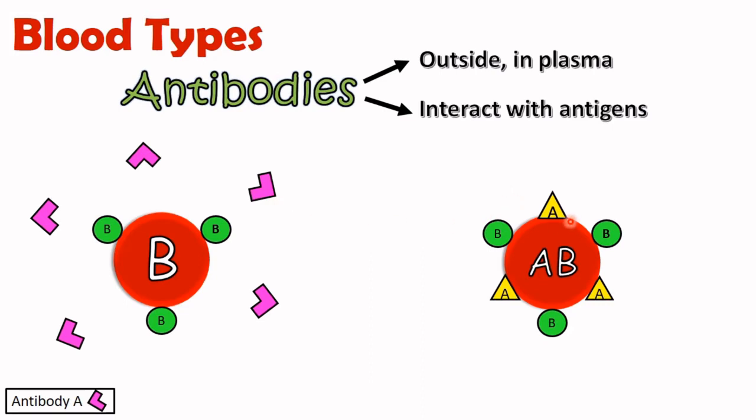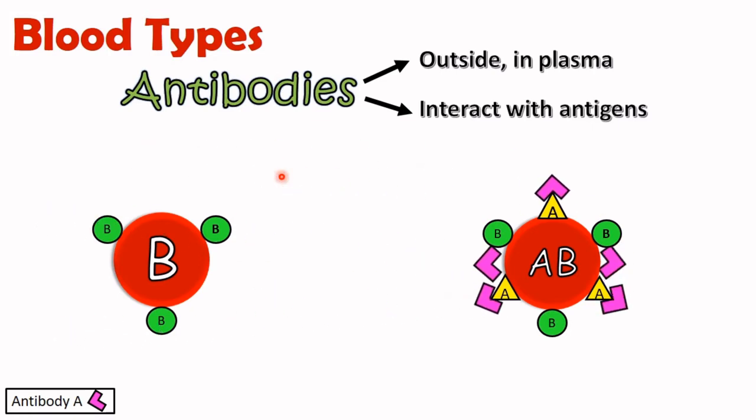So antibody A will attack the antigen A, even though there is an antigen B there. This usually happens during blood transfusion because the blood is incompatible. This is dangerous and can cause death.